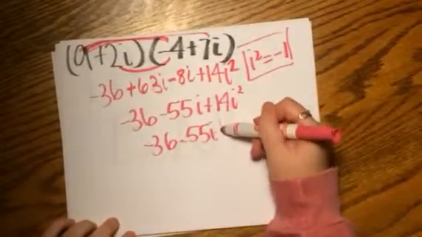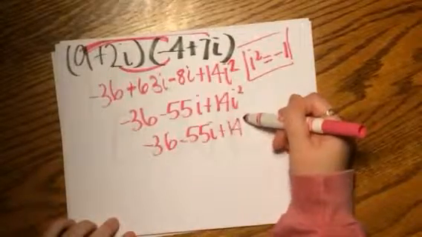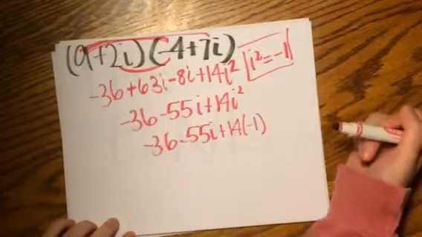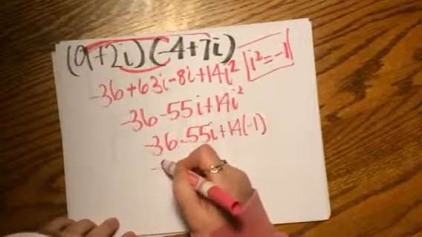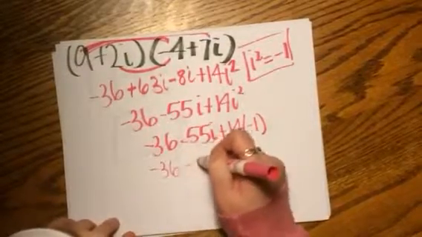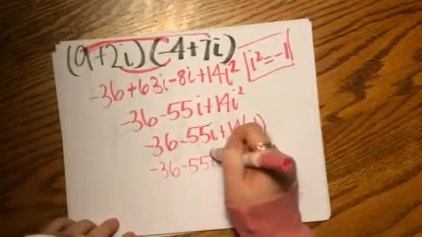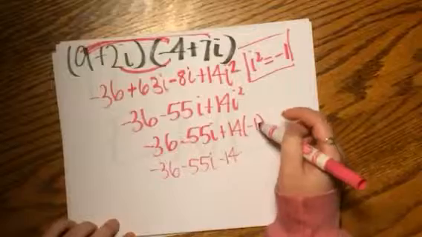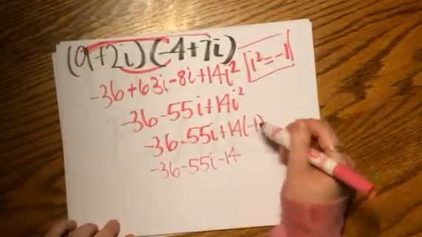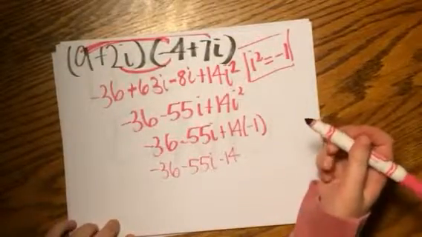Going to substitute that in, 14 times negative 1, which gets us negative 36 plus 55i minus 14, because we substituted in that negative 1 for the i squared.